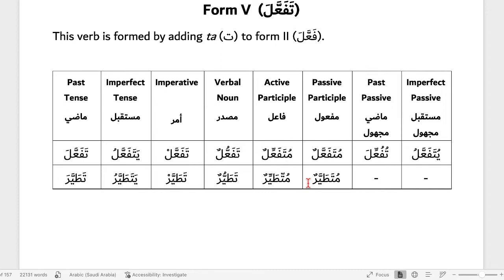So this is form 5, not much use. You have seen that form 2 and form 4 have many verbs on those patterns. Not many verbs are formed from this form, so that means it's not very common.